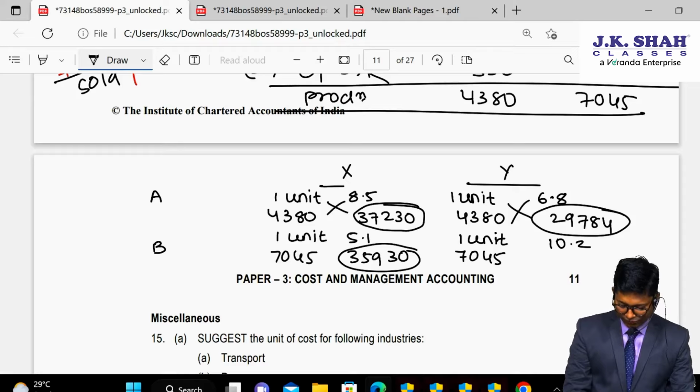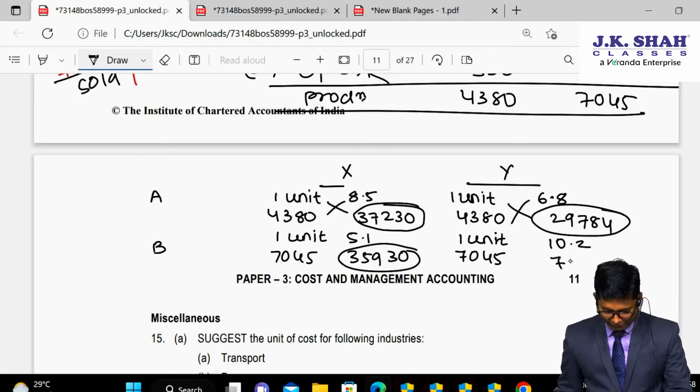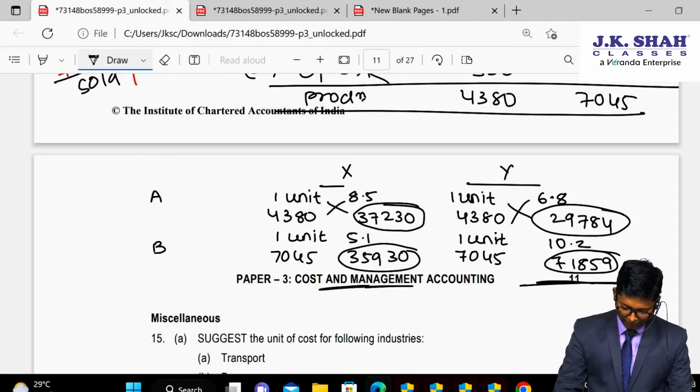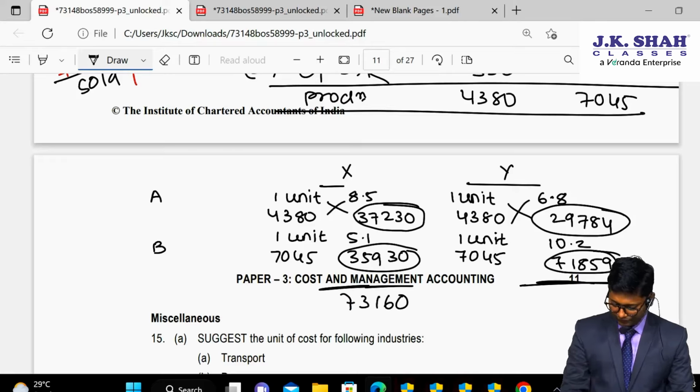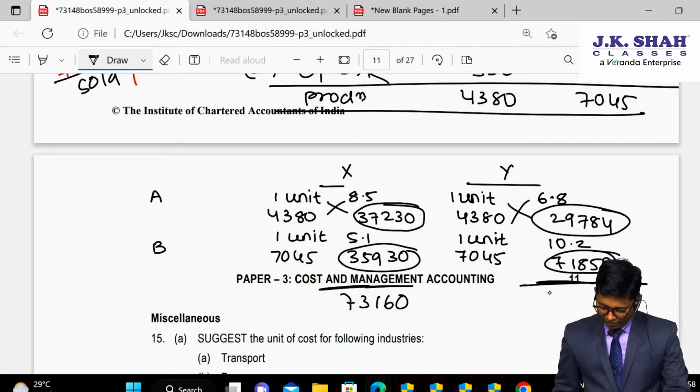And 7045 into 10.2 is equal to 71,859. When you add up both these values, you will get the total material needed, and total material needed in the first case is 73,160, and in the second case it is 1,01,643.